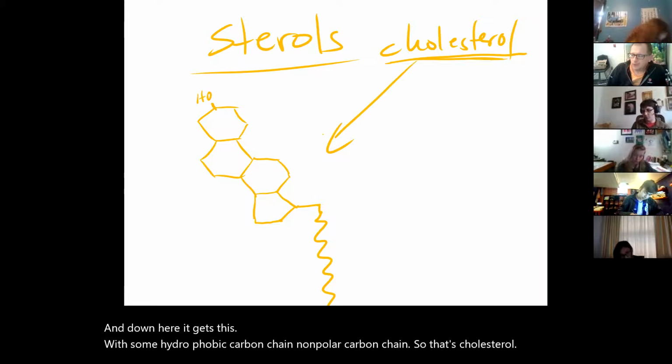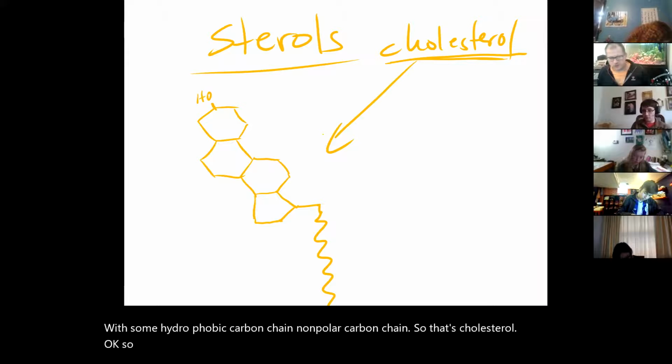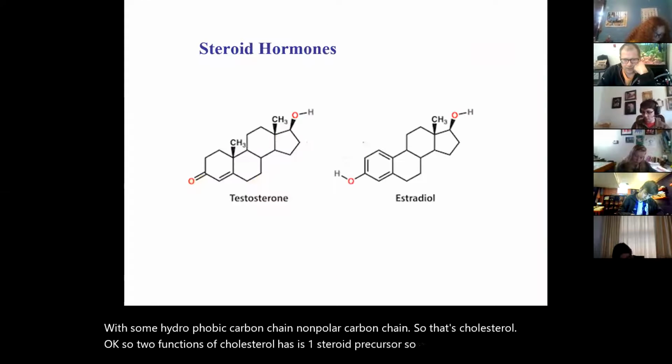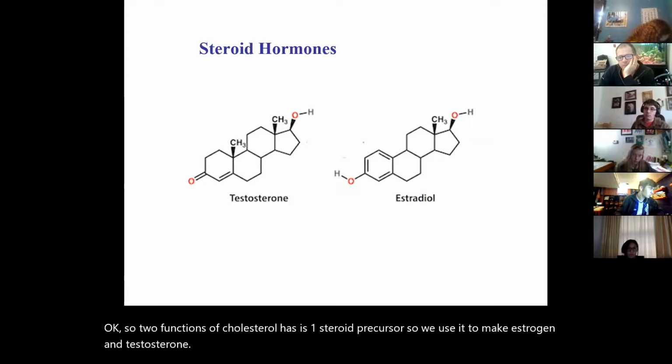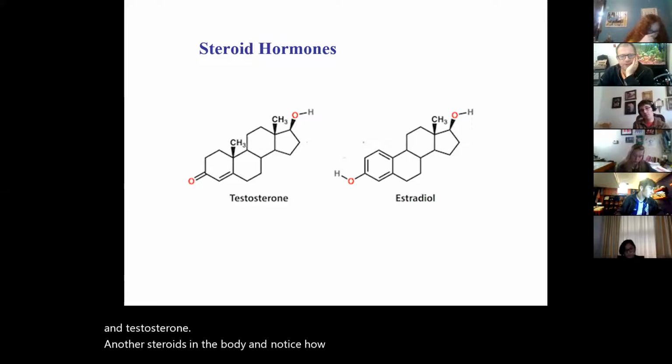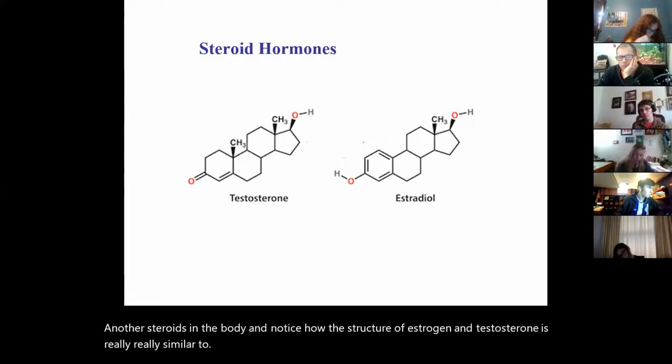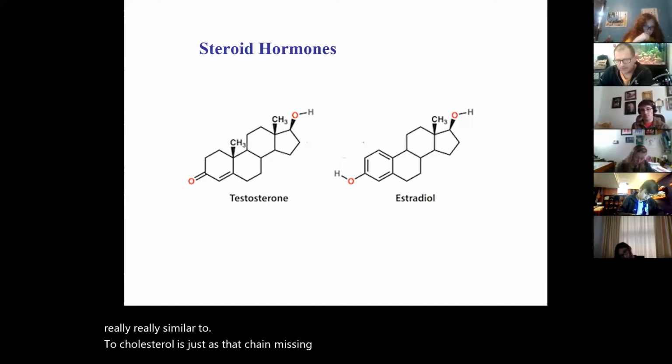Two functions that cholesterol has. One, steroid precursor. We use it to make estrogen, testosterone, and other steroids in the body. Notice how the structure of estrogen and testosterone is really similar to cholesterol. It just has that chain missing, with some minor modifications. Estrogen and testosterone are also very similar to each other.